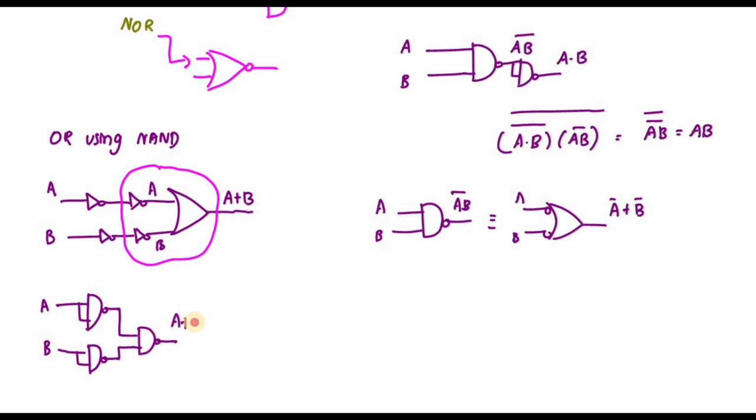So this is nothing but A plus B. You can see this is A bar and this is B bar. So what is A bar dot B bar the whole bar? This is equal to A plus B, right?